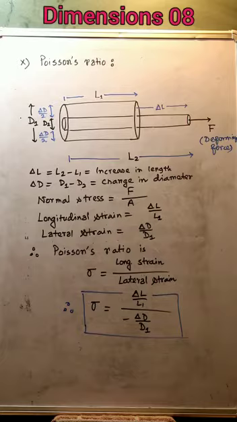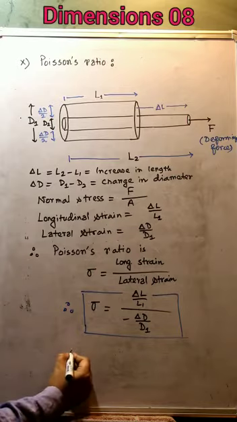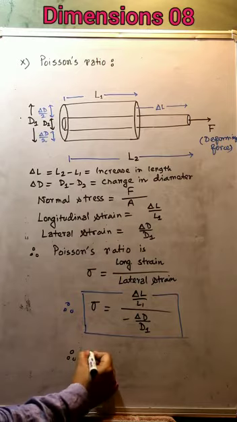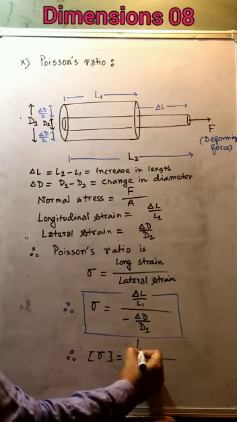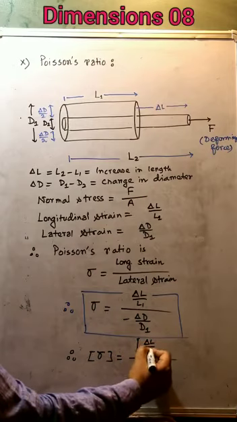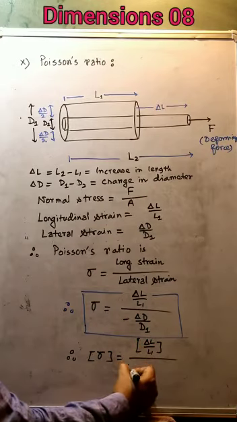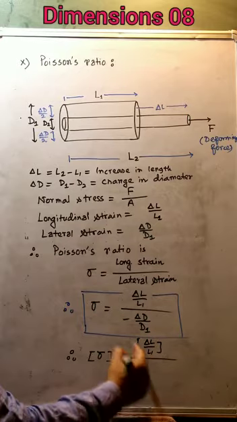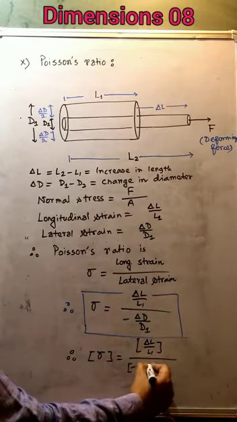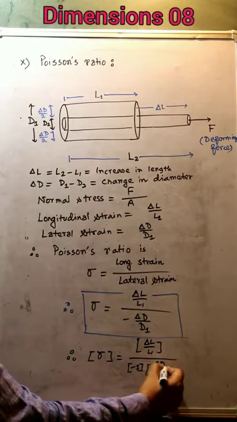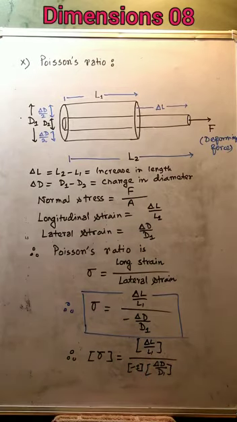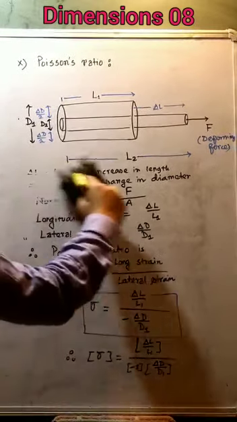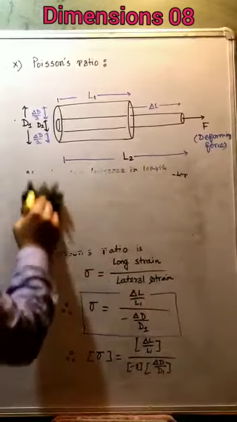Now we have to find the dimension of Poisson's ratio. Dimension of sigma is equal to the dimension of delta L by L1 divided by the dimension of minus 1 due to this negative sign, divided by delta D by D1.